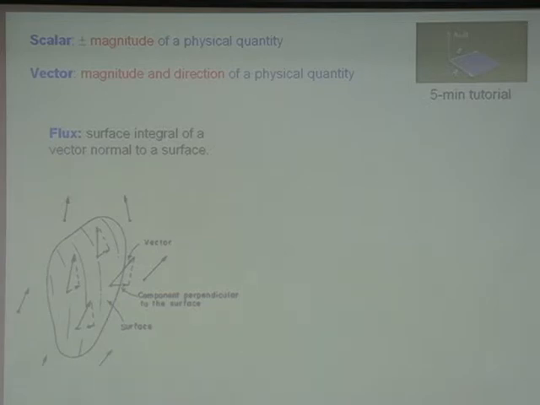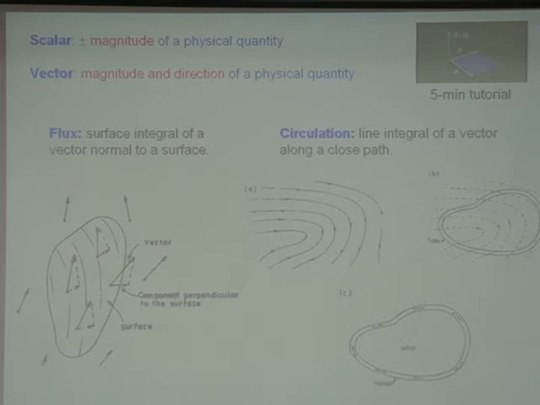So there's another important concept, that is the circulation. Circulation means that you do a cross-path integration of some vector along some line, and it tells you how strongly this physical quantity can circulate along some path. And this is closely related to the magnetic field we're going to study.